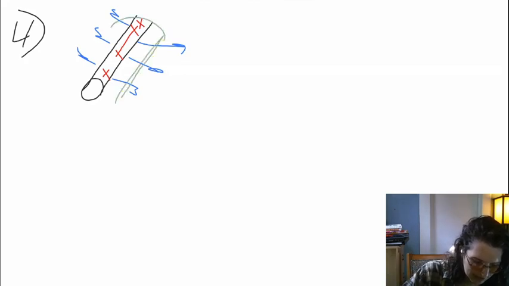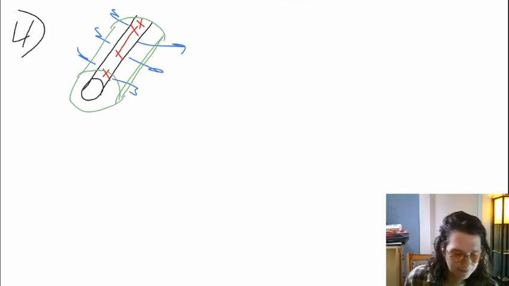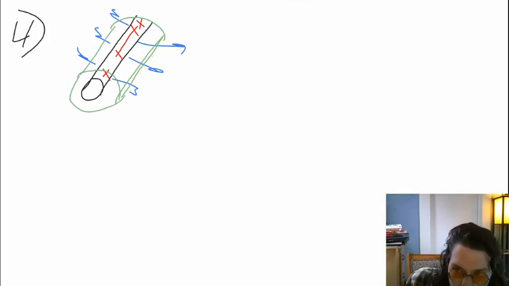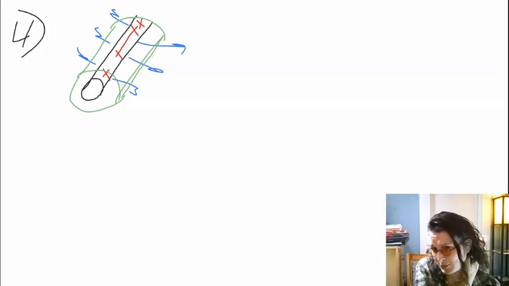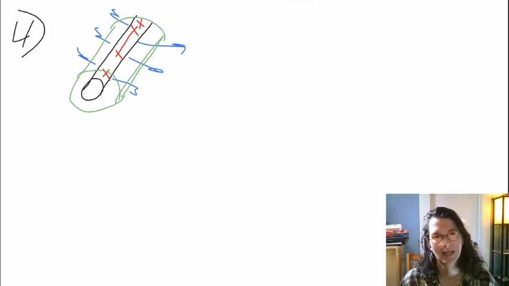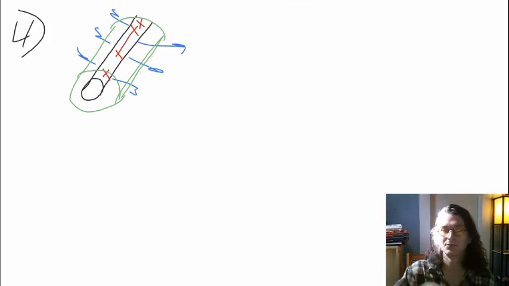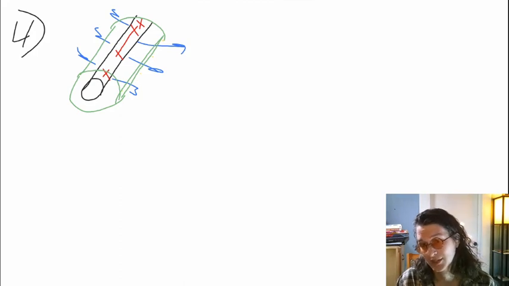Not necessarily infinitely long, but without losing any generality, we could define it as another cylinder wrapped around. Now the blue vectors of the electric field are perpendicular to that little green Gaussian surface we've drawn. Again, we're making up a mathematical surface that allows us to solve for the charge enclosed by the surface.